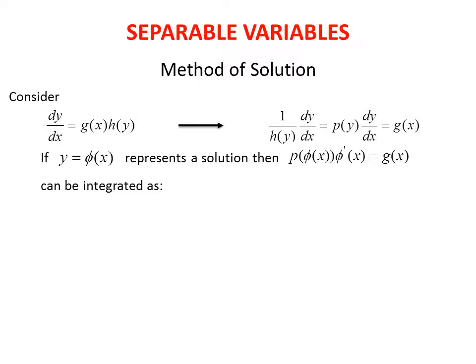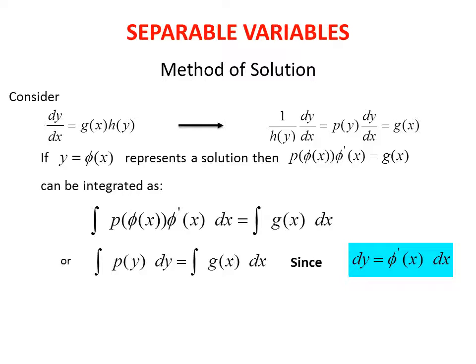This equation can be integrated as the integral of p of phi of x multiplied by phi prime of x dx is equal to the integral of g of x dx. Or this can also be written as the integral of p of y dy equal to the integral of g of x dx, since dy is taken as phi prime of x dx.